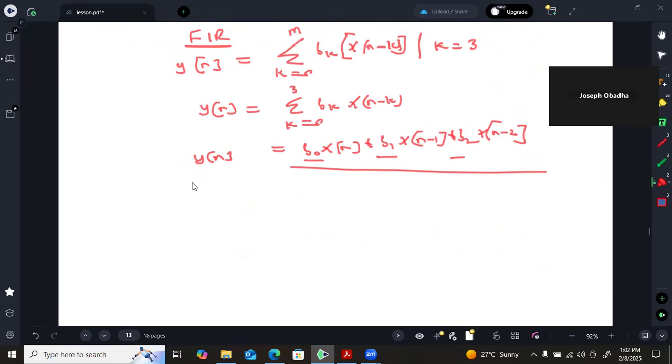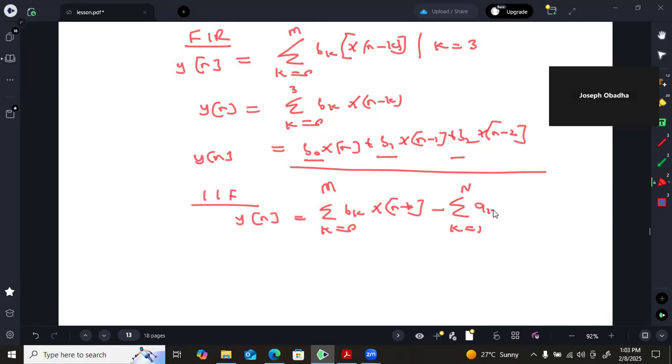But we have seen that if it is an infinite impulse response, then we would have the output y of n being given by that part of the input, but there would also be the part which is fed back, maybe k equal to 1 to N, a k into y of n minus k.